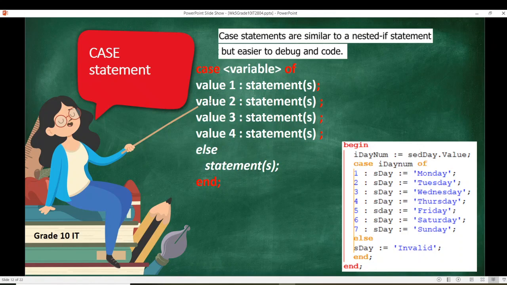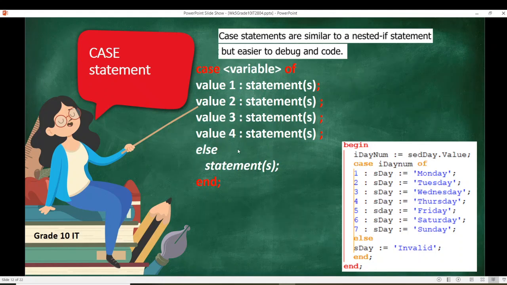Then I would maybe have 9 over here, colon, and whatever I wanted to happen if iGrade equaled 9. And then I would have 10, 11, 12. So this is my integer or char version of a nested if statement. I can have different things happening depending on what the value of this variable is.